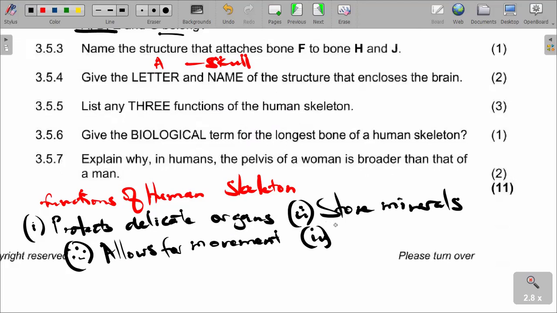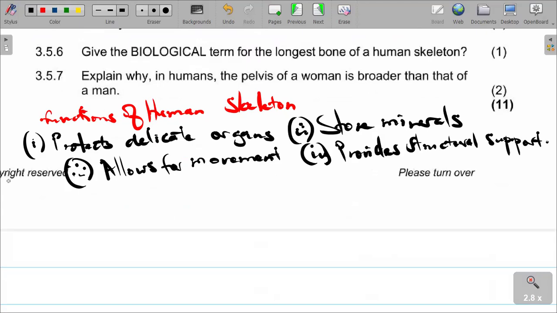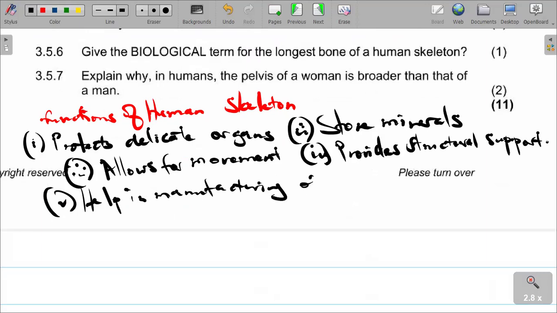It actually provides structural support, and then it can also help in manufacturing of blood cells.